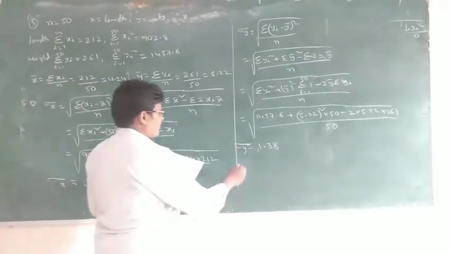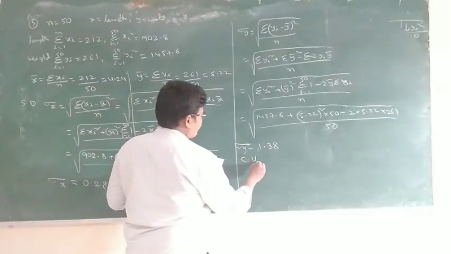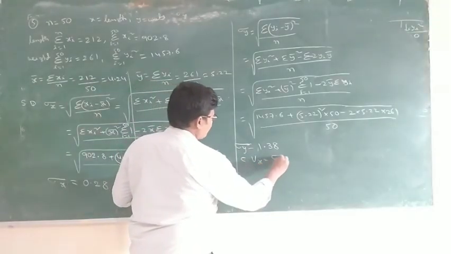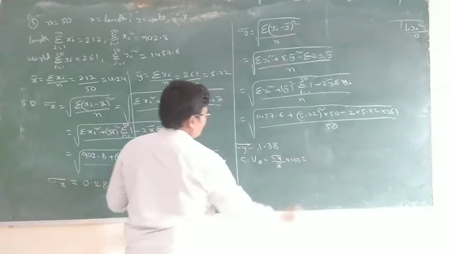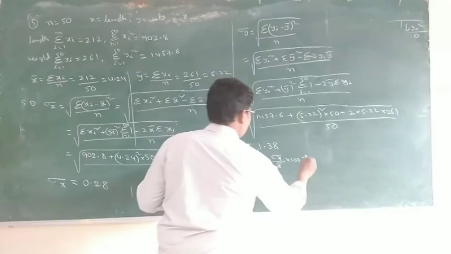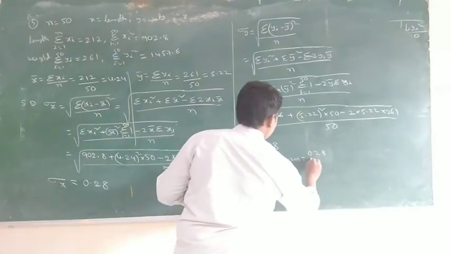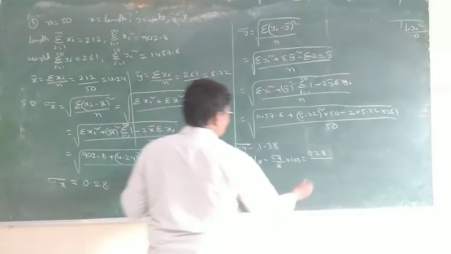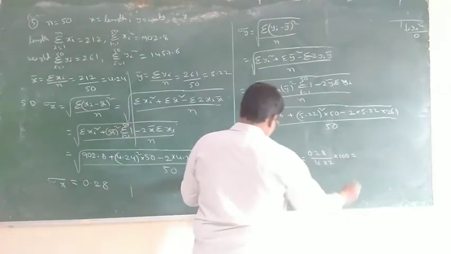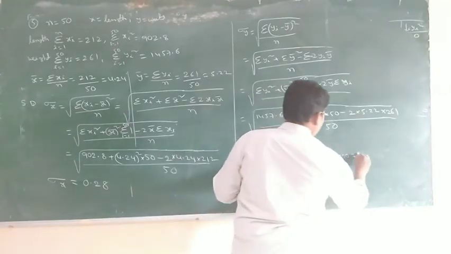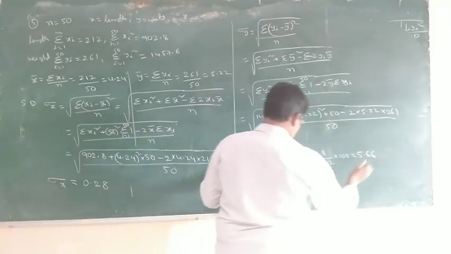So coefficient of variation of x is equal to σx by x bar into 100. σx value 0.282 by x bar, which is 4.24, into 100. So this value is nearly 5.66.